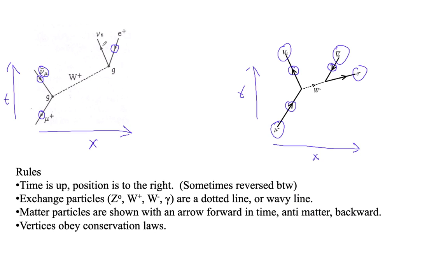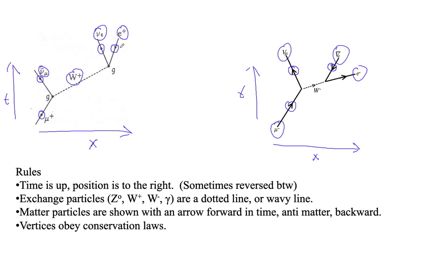Notice that these time arrows are reversed for these, and the only matter particle on this whole side is this electron neutrino, a regular electron neutrino. Notice that there's positive stuff over here, and so the positive charge is carried by the W plus, which goes to the positron here.